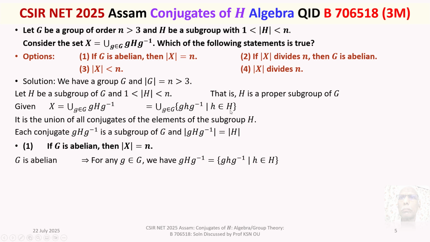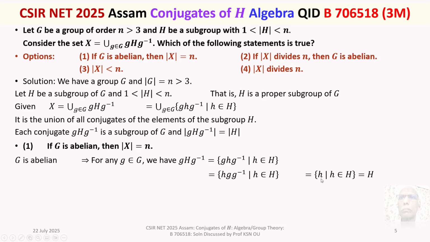And because G is abelian, the elements can be commuted. This is equal to the set of all g g inverse h, where small h belongs to H, and g g inverse is identity, identity times h is h.